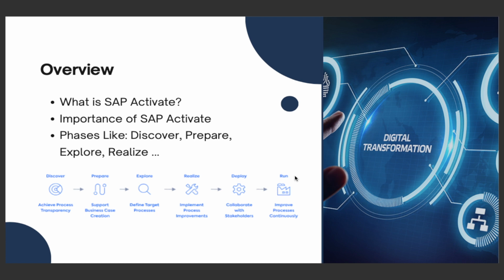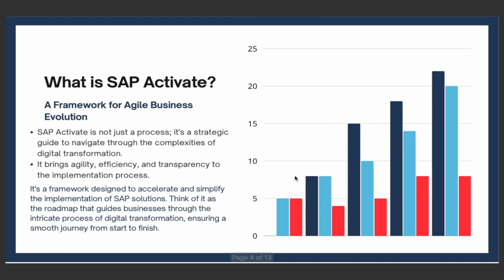So first of all, what is SAP Activate methodology? Like I have written, SAP Activate methodology is a framework. What type of framework is it? It is a framework designed to accelerate and simplify the implementations of SAP solutions. You can think of it as a roadmap.